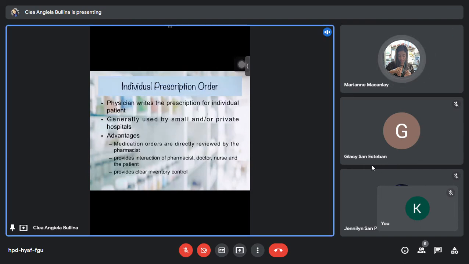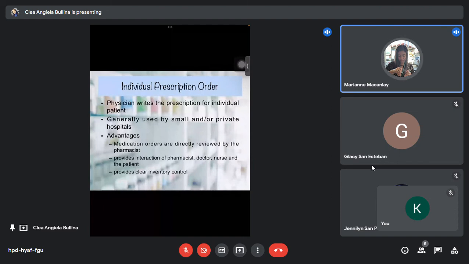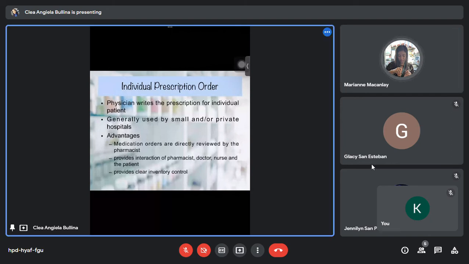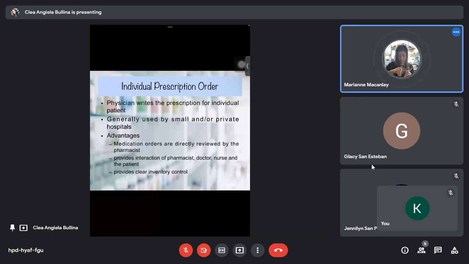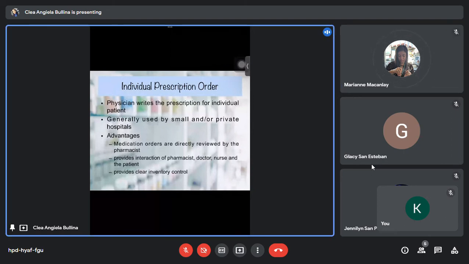Individual prescription order. Individual prescription order is a type of outside ng hospital, outside hospital or for to any medical store or sa within the vicinity.